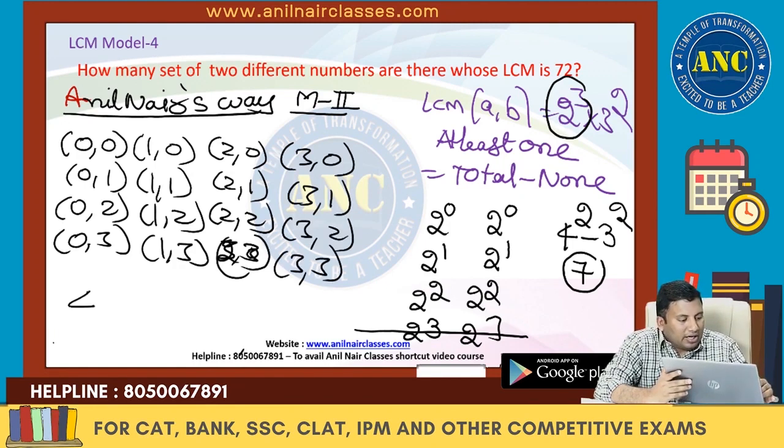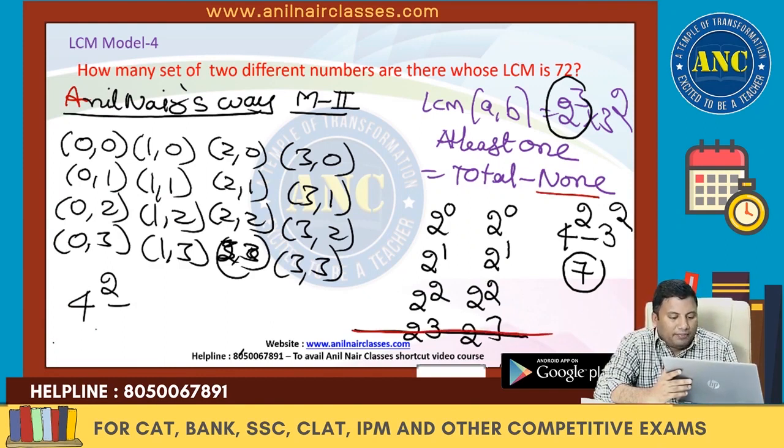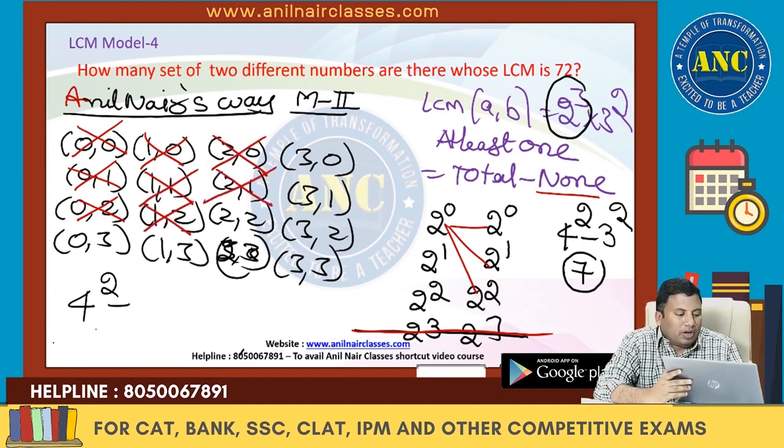4 square cases minus none. If I remove none, it means don't take power of 3. 0 0 should be removed. 0 1 should be removed. 0 2 should be removed. 1 0 is removed. 1 1 is removed. 1 2 is removed. 2 0 is removed. 2 1 is removed. 2 2 is removed.